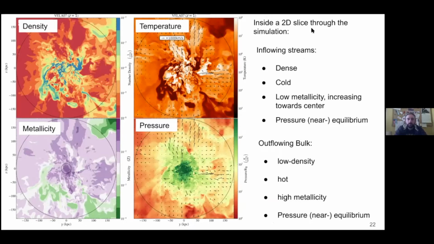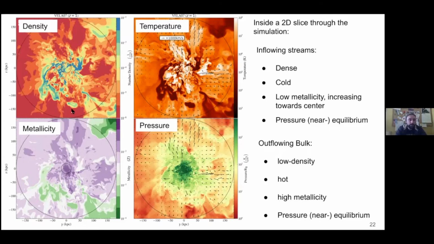So this is looking at a 2D slice through the simulation. There are 4 background pieces of knowledge that we want to know about this. We have these in density and temperature and metallicity, and we can see the same structure. So this is that same clockwise filament that we saw in the big zoomed-out image, but in a slice. So if this is a slice, it's going to kind of go in and out of frame. That's why it's not perfectly filling that whole region, but it's that same object.